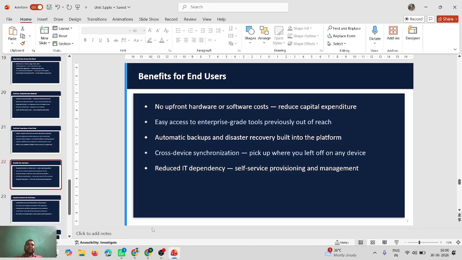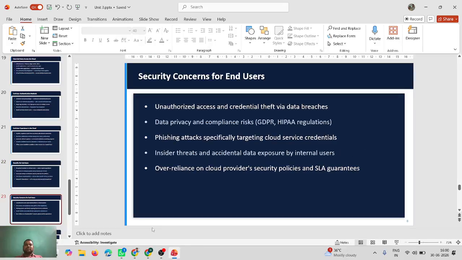There is automatic backup and disaster recovery in case of data loss or failures, and cross-device synchronization. You may be using Windows, your friend may be using macOS, so cross-OS device synchronization is also possible with the help of cloud computing, along with reduced dependency between IT and the self system.